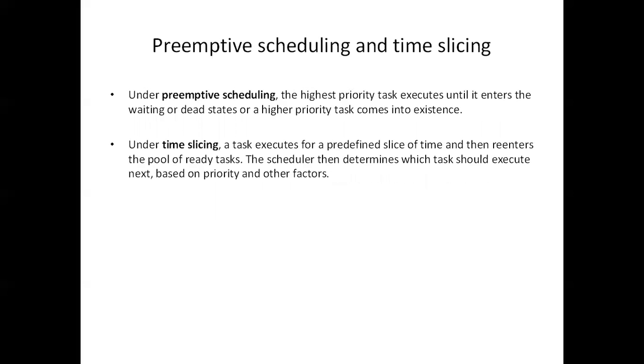In time slicing scheduling, a task executes for a predefined slice of time and then re-enters the pool of ready tasks. The scheduler then determines which task should execute next based on priority and other factors. So this is the difference between preemptive scheduling and time slicing scheduling.